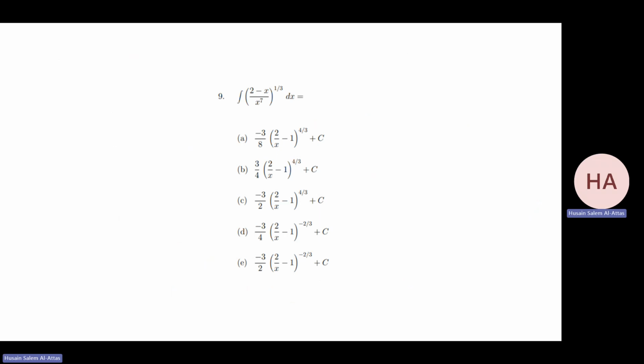Okay, the integral of 2 minus x over x to the power 7. Yeah, that will be what? I write it as 2 minus x to the power 1 over 3 over x to the power 7 over 3 dx.